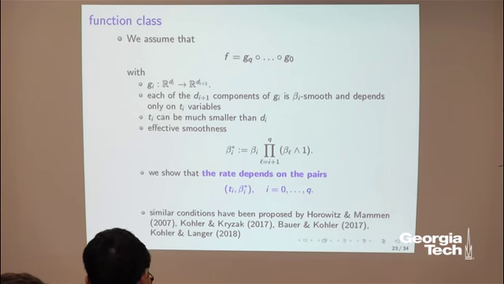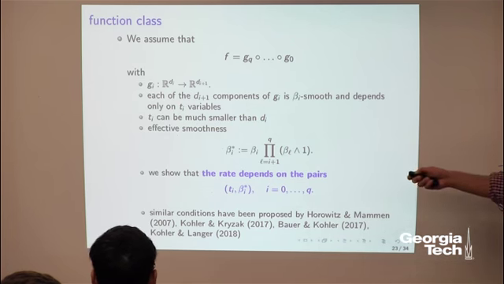From the previous heuristic, you could think that these g_i can map from very different spaces to other completely different spaces. But here, for simplicity, I just assume the g_i are maps from R^{d_i} to R^{d_{i+1}}, and the d_i can be anything. And the g_i are now assumed to be beta_i-smooth.